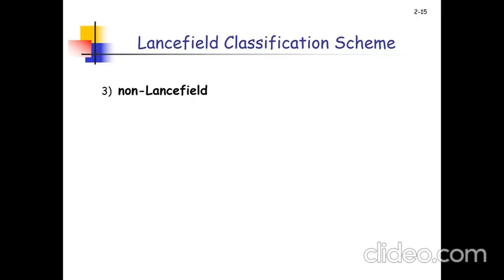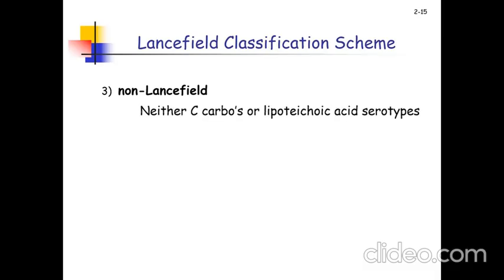Now, the third and last group for the Lancefield classification scheme is the ones that are non-Lancefield. So these have neither the C carbohydrates or lipoteichoic acid serotypes. Without these, they really didn't fall necessarily into any category, but there's two of concern here, and that is Streptococcus pneumoniae and viridans streps. So these are two alpha hemolytic streps that will show up, and we'll take a look at the flowchart again.